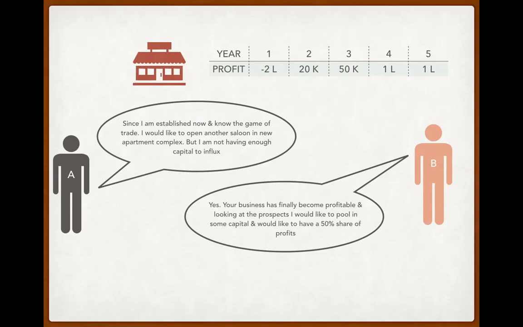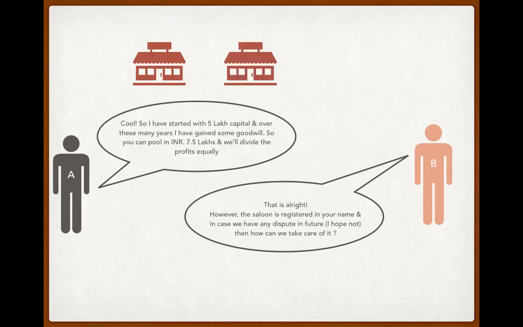Now if they go further and reach a consensus on this, and Mr. A doesn't have a problem with that, because if the business expands, then the profit will expand, we can agree to infuse more capital. But the point is, now this is not a sole proprietorship.